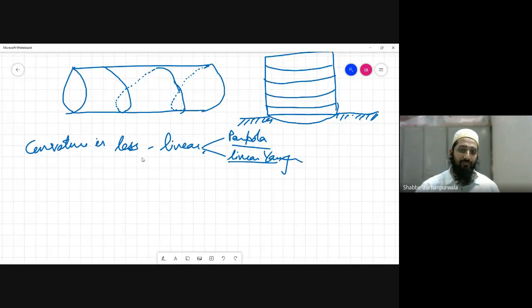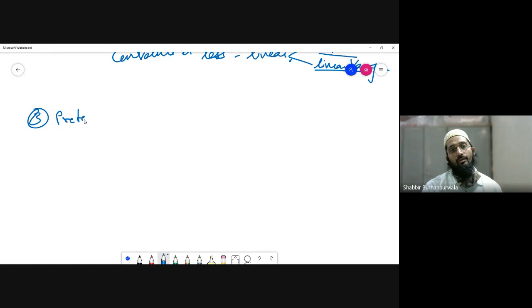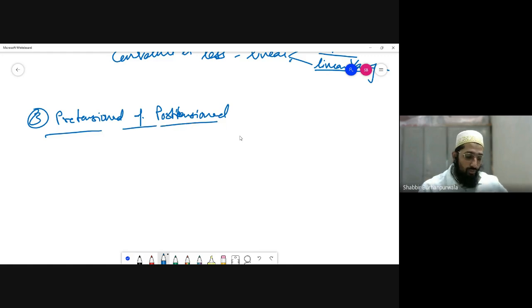Then another type of variation is pre-tensioned and post-tensioned. Pre-tensioned, post-tension. So pre-tension and post-tension.